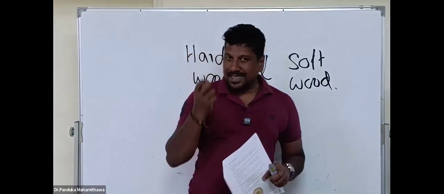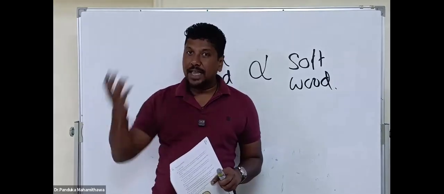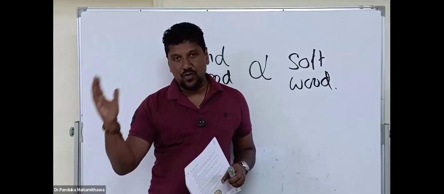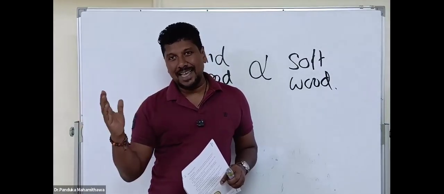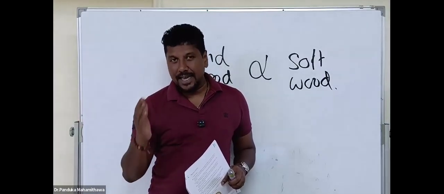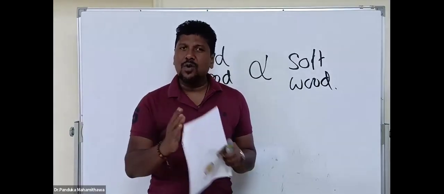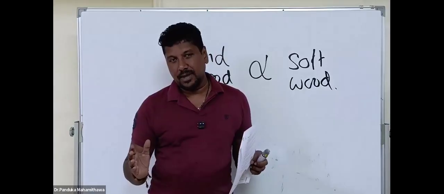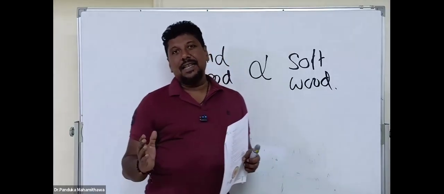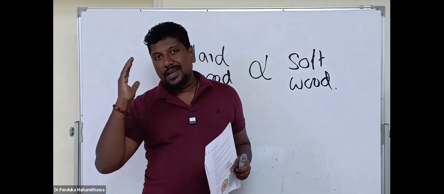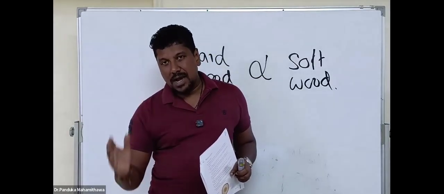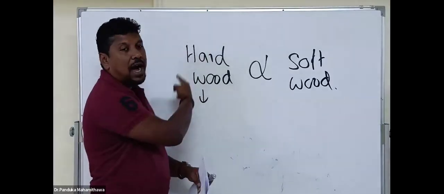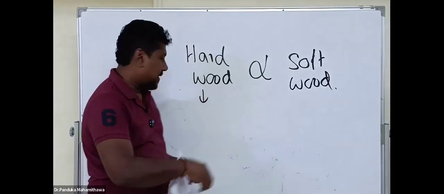So the secondary xylem in the dicot plants is known as hardwood. That is the part we take as the wood. Again, the whole secondary xylem, either hardwood or sapwood, both, right? The secondary xylem of the dicot plants of angiosperms is known as hardwood, right?